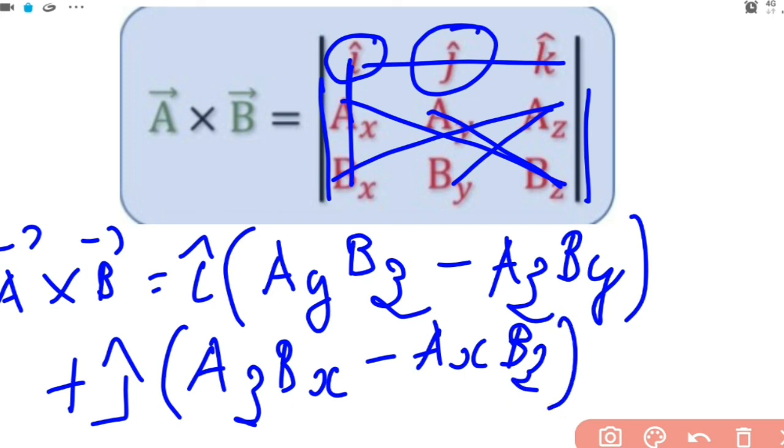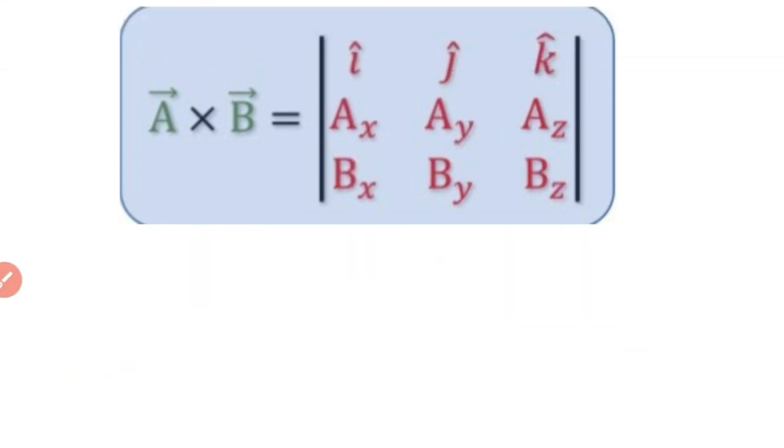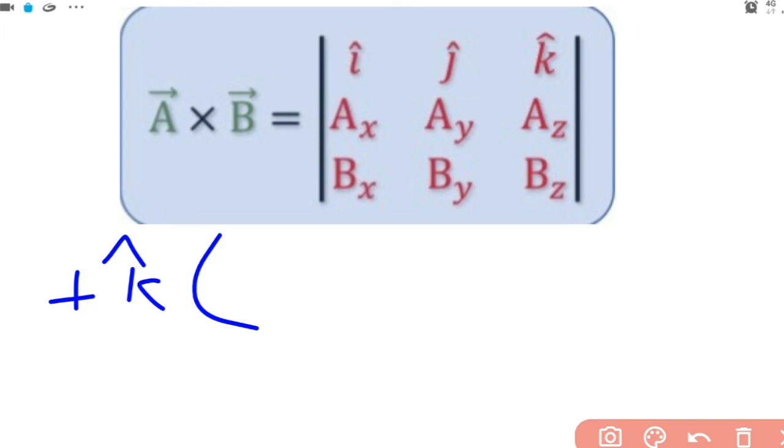Now the third term will be plus k. So always it is plus k into. Leaving that particular row and column, you have the terms like this. So start with the next cyclic order you have to follow. After k, the x term comes now.